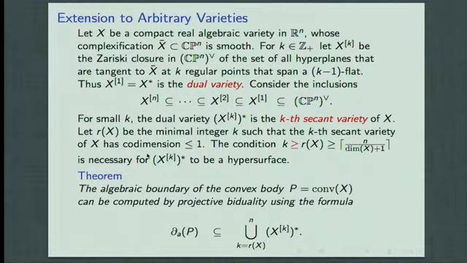What am I saying? This is given as a product of polynomials in n variables. This is given by a subset of those polynomials. So I have a hypersurface containing another hypersurface.